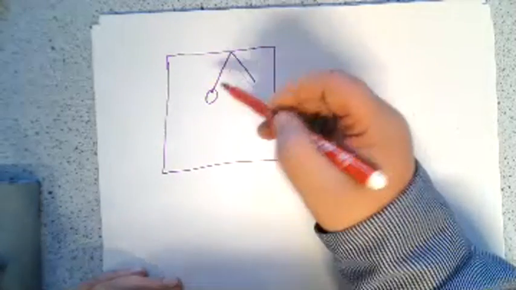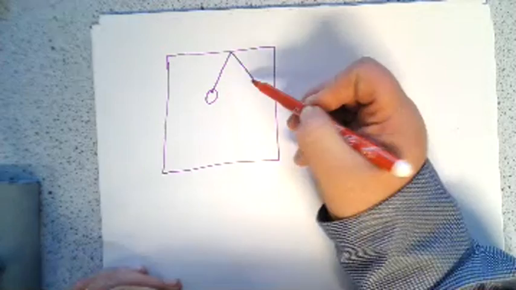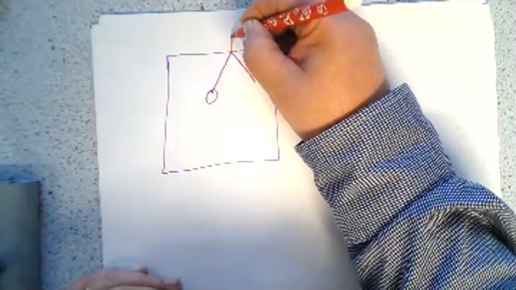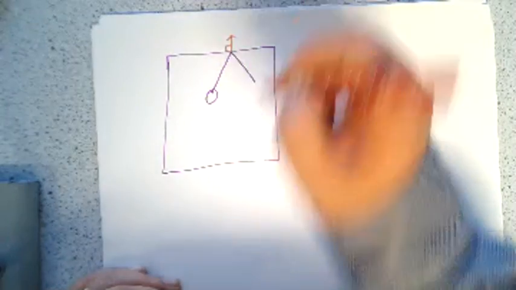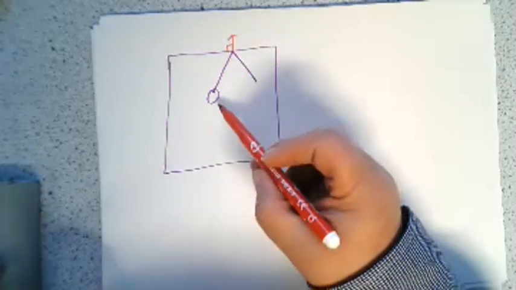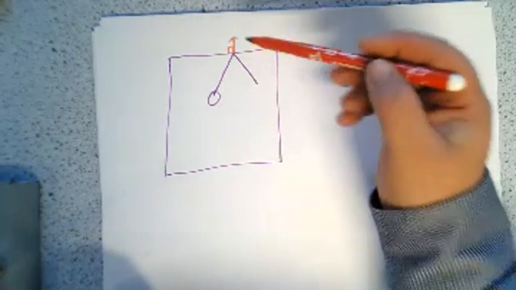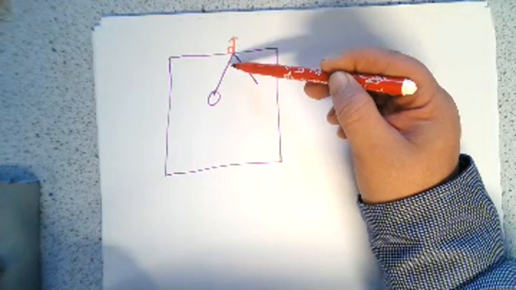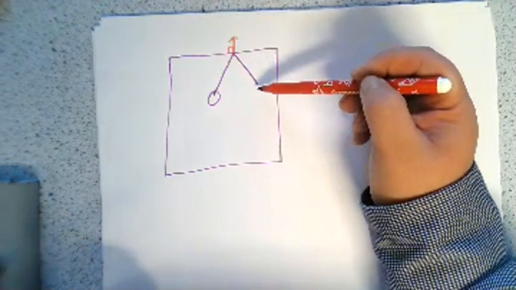However, when a particle hits the wall, the force that is transferred to the wall is at 90 degrees. So this is our definition: when a particle collides with the wall of its container, it bounces off, but the force applied to the wall is at 90 degrees to the collision. So that's our little diagram here.